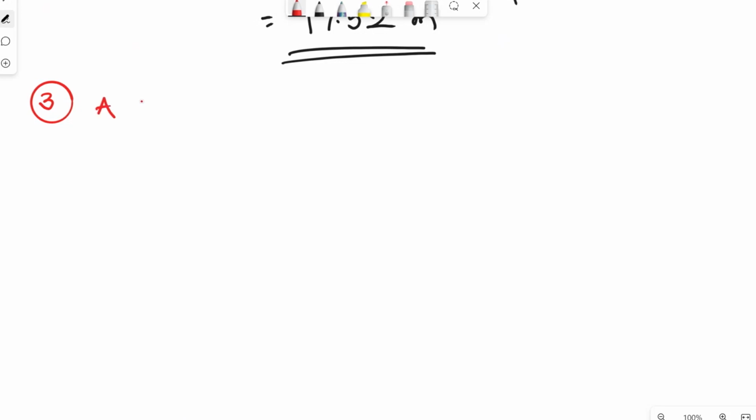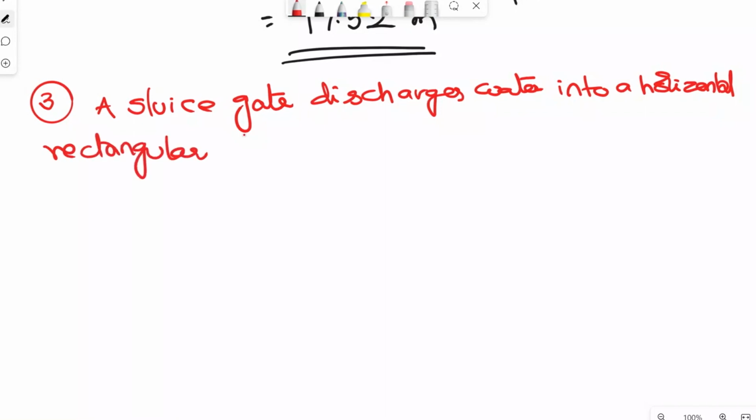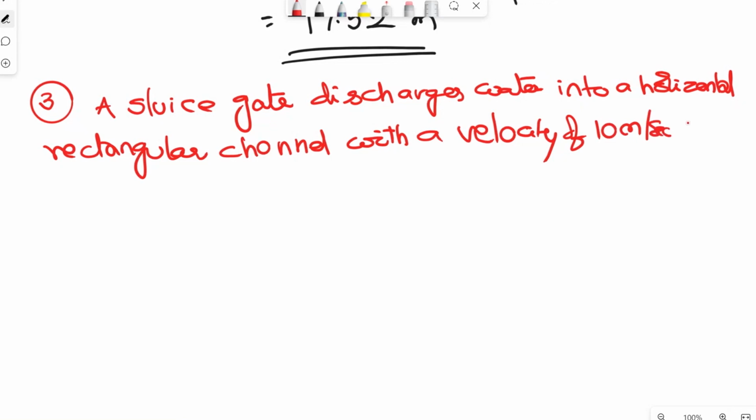A sluice gate discharges water into a horizontal rectangular channel with a velocity of 10 meters per second and depth of flow 1 meter.